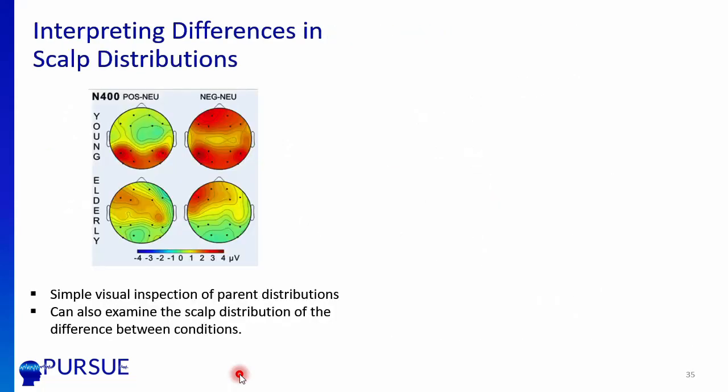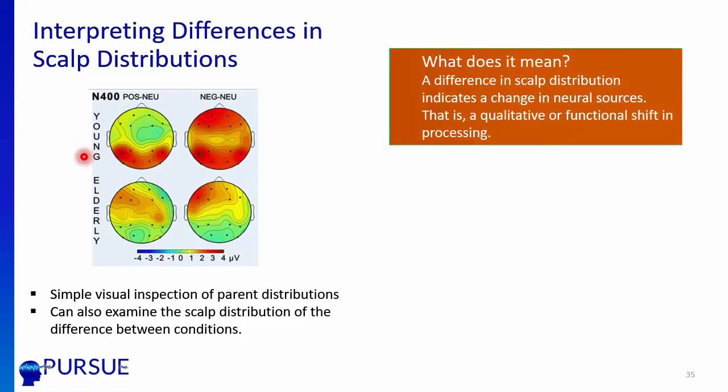Another thing that we can do is interpret the scalp distribution. So here you have topographic maps, and you have young adults and older adults. And again, we have our N400 kind of experiment. So you have positive minus neutral stimulus and negative minus neutral stimulus. And you can see the scalp distributions differ for positive and negative information for young adults, but maybe less so for older adults.